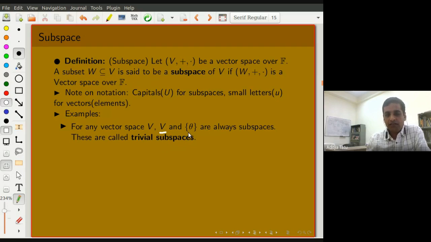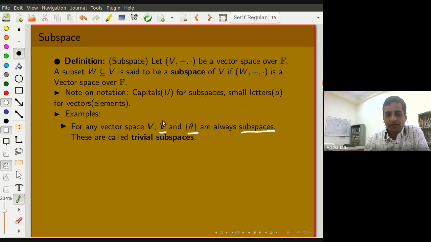Similarly, a set that contains only the additive identity of the vector space, that singleton set, will always be a subspace. These are two examples of subspaces, no matter what your vector space is.